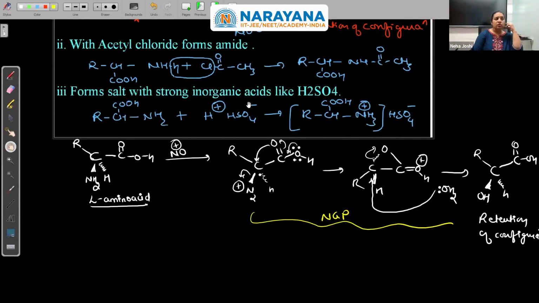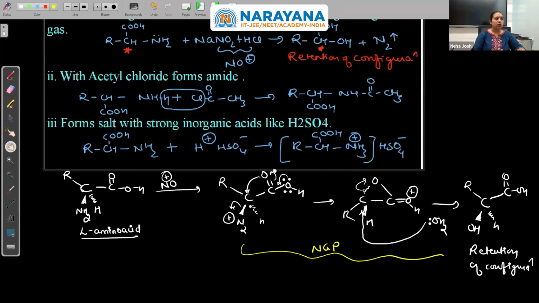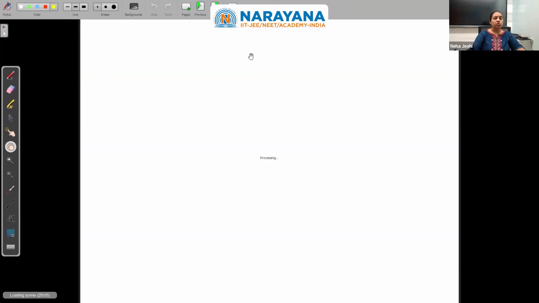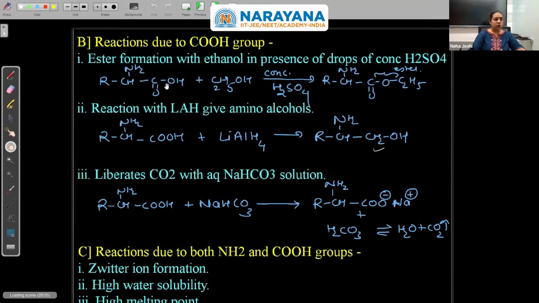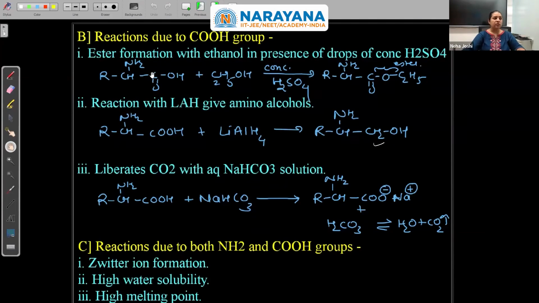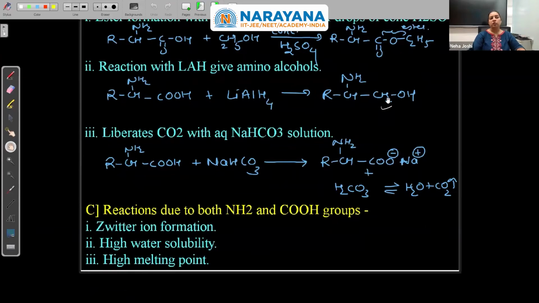It forms salt with strong inorganic acid because CO minus will act as a basic center. Right? Because Zwitterion existence is more. Then due to COOH, acid plus alcohol forming ester. That reaction will be observed. If I reduce it with LiAlH4, COOH will be reduced to CH2OH. Okay, no problem.